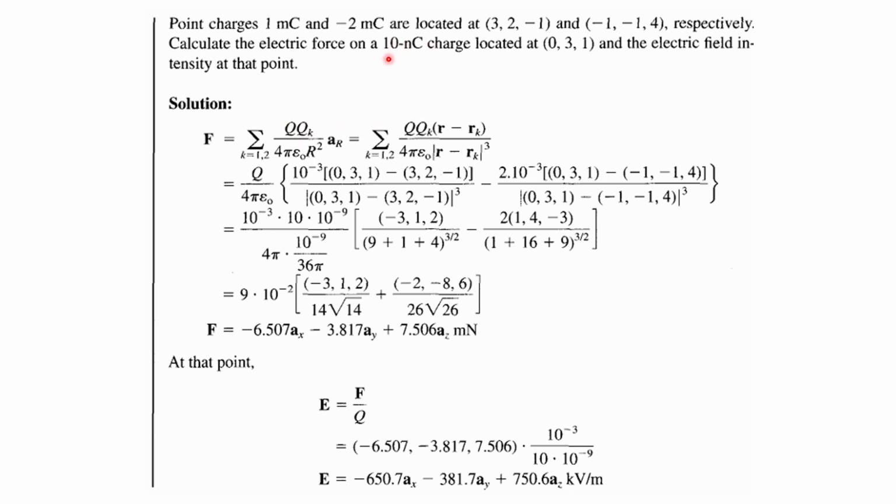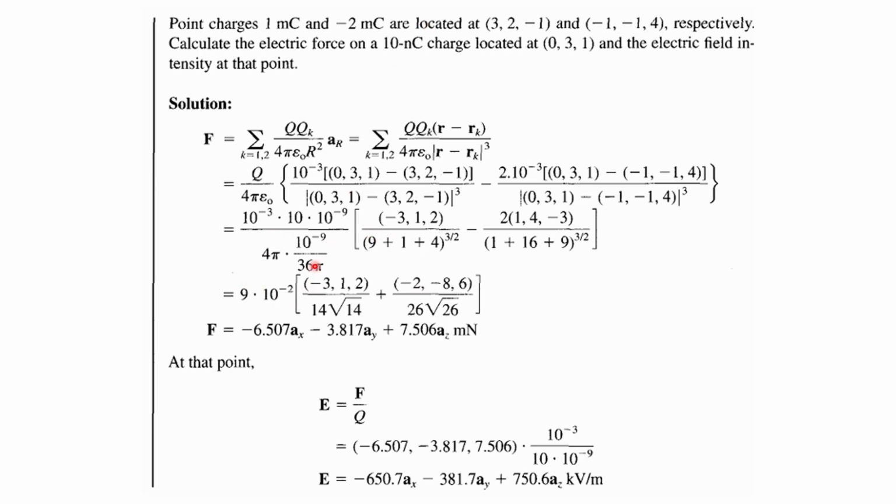Like first we are calculating from this point to this point. So find the distance and then the charges, that is q1 q2, and replace the values. This is the way to find the distance, that is square root of x1 minus x2 whole square plus y1 minus y2 whole square plus z1 minus z2 whole square. In this manner you can calculate the distance, and the charges are already given, like q1 is 1 millicoulomb, q2 is minus 2 millicoulomb, q3 is already given, right?